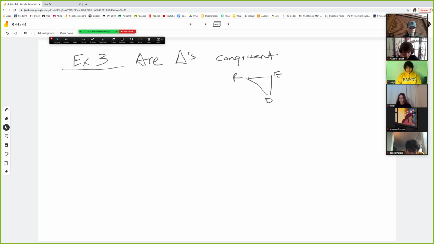And we have CAT. All right. Now, pay very close attention, okay? Can you prove that these triangles are congruent with the information given? Okay?